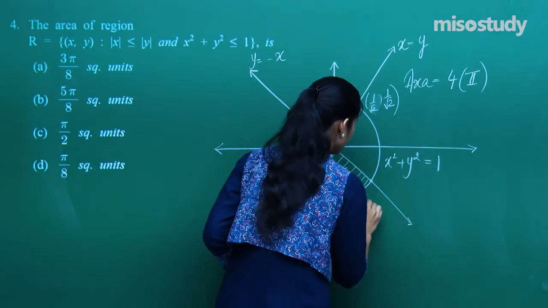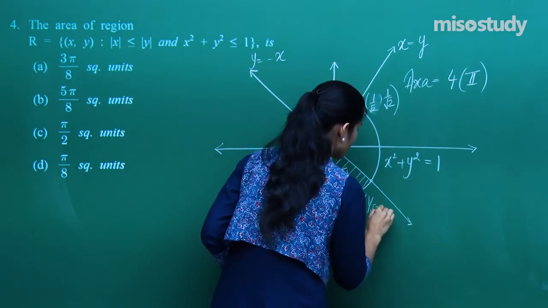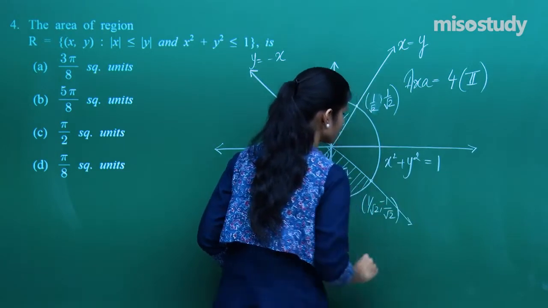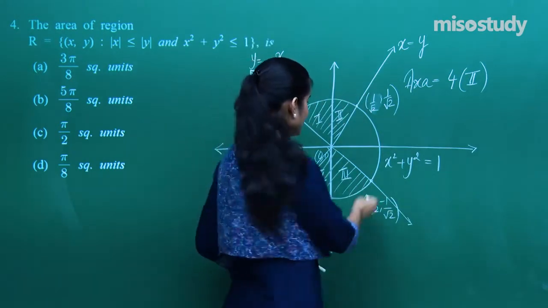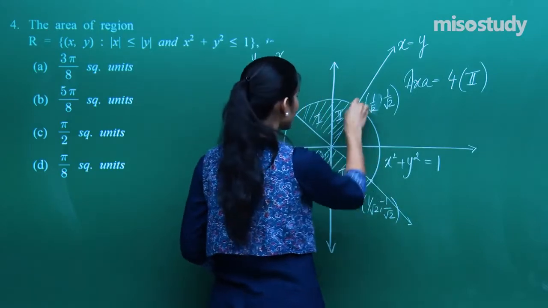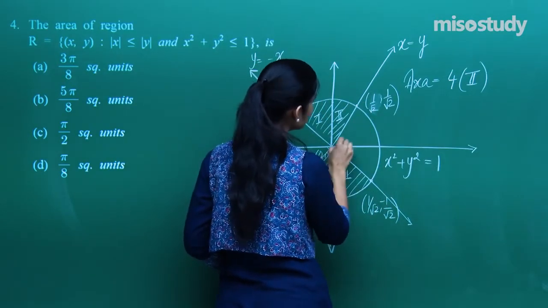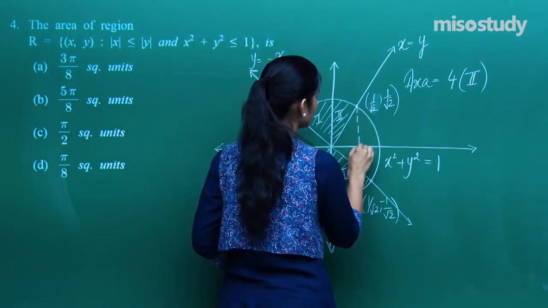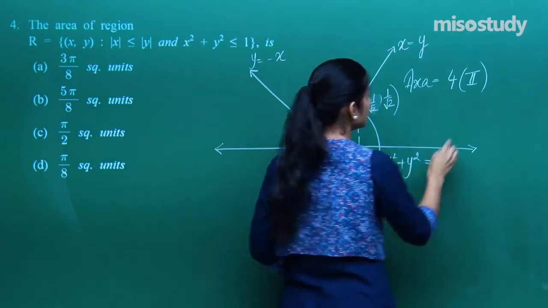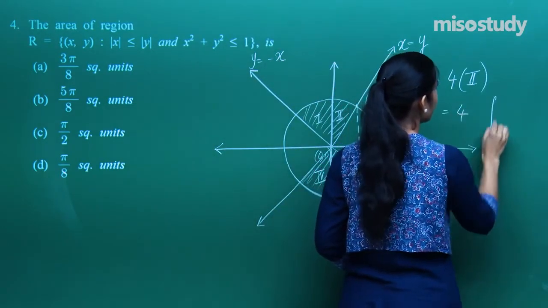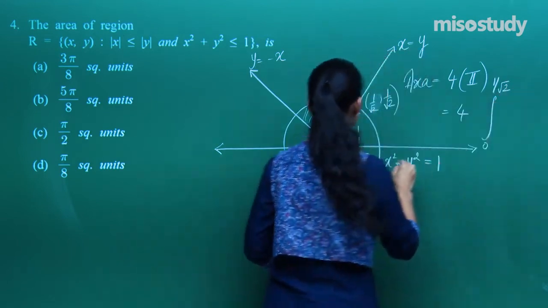And this is going to become again (1 by root 2, minus 1 by root 2). I did not need this point, I just need this point because I want to talk about integration from 0 to 1 by root 2.